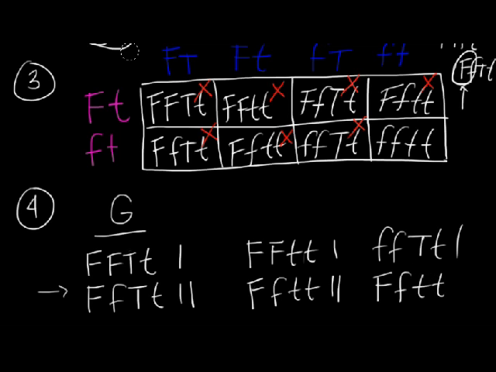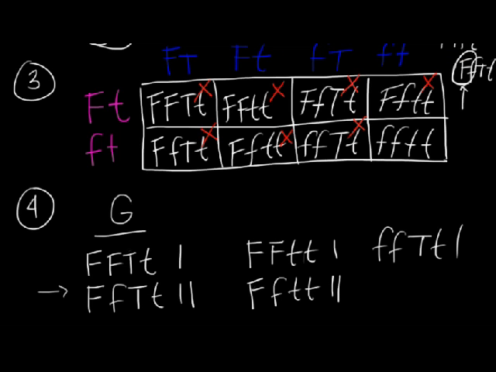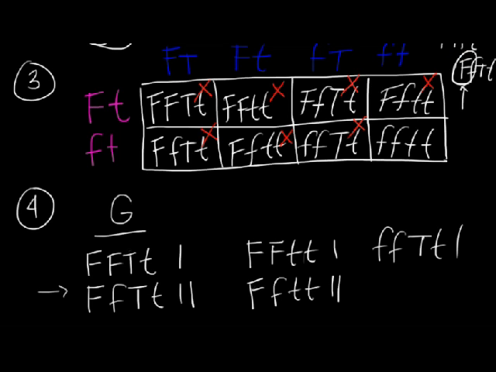So you want to make sure that you do catch them all. And now we have our last one, which is 2 little f's and 2 little t's, and we have one of those.